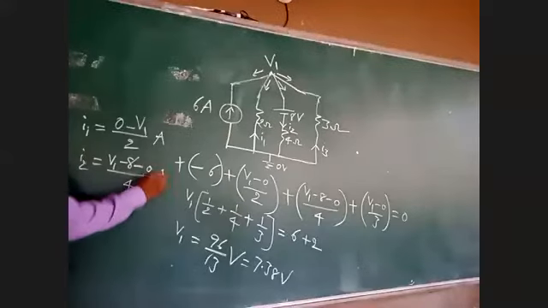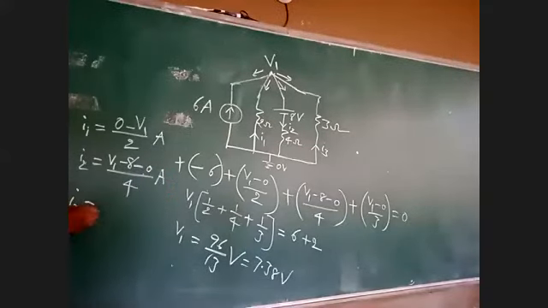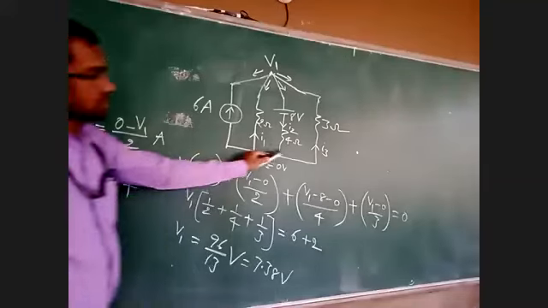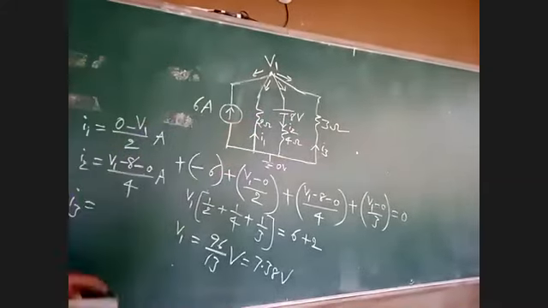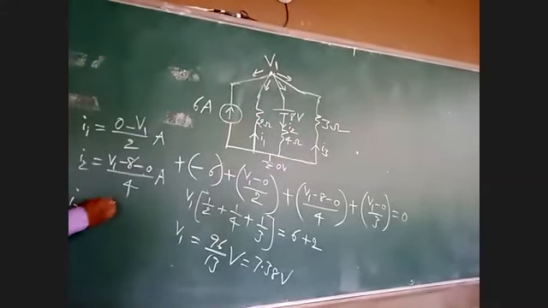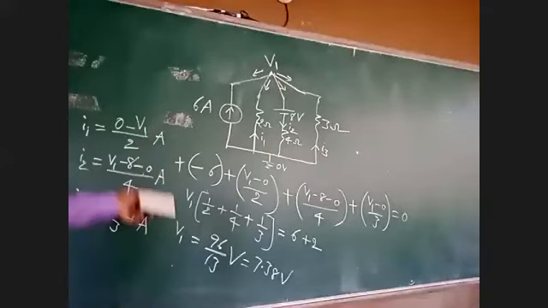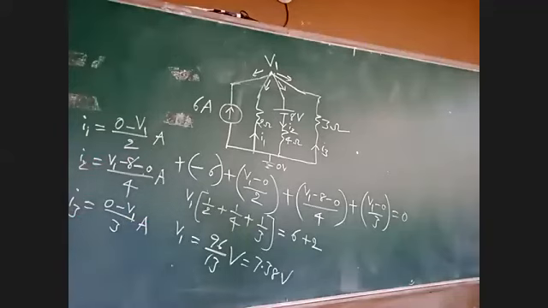Next, what is I3? I3 is flowing in this upward direction. So it is 0 minus (minus 2) minus V1 by 3. We know V1, we have calculated. Substitute this, you will get I1, I2 and I3.